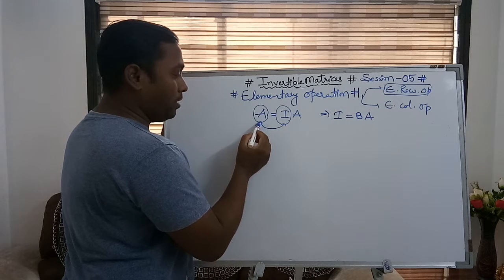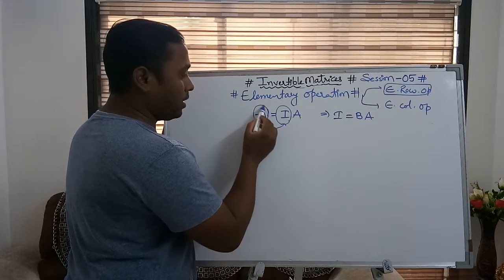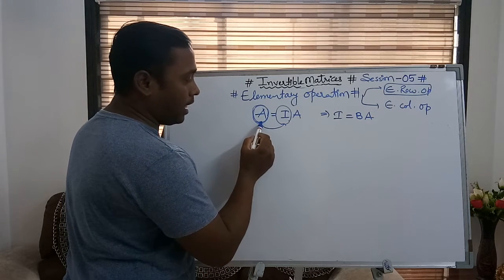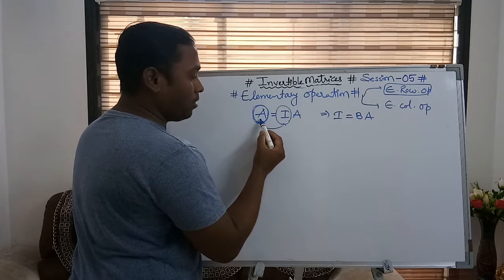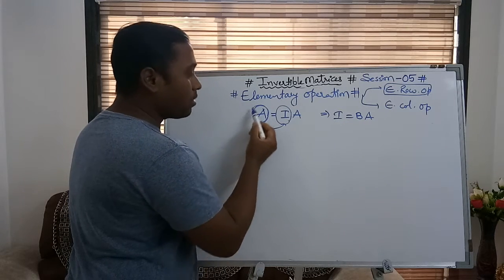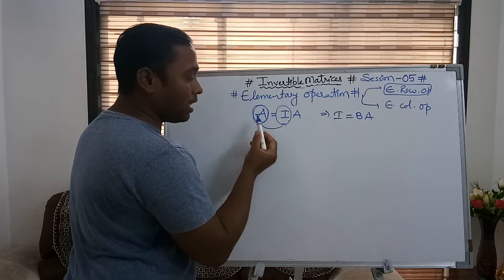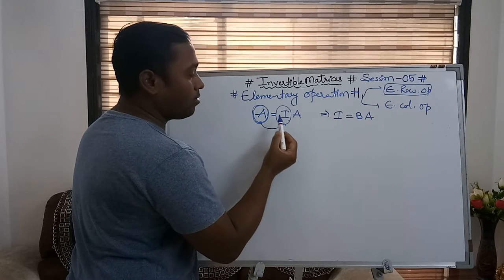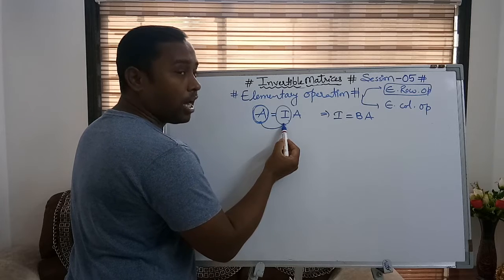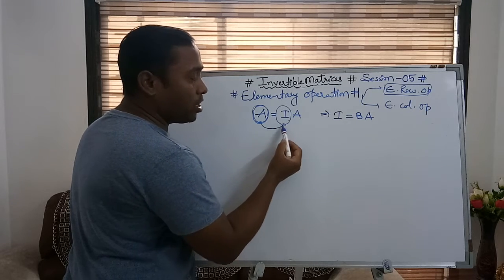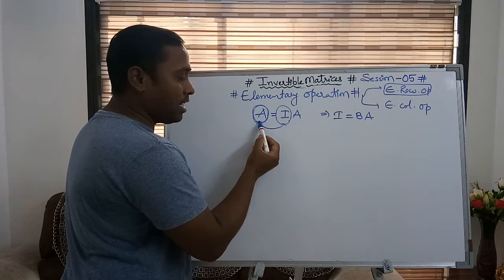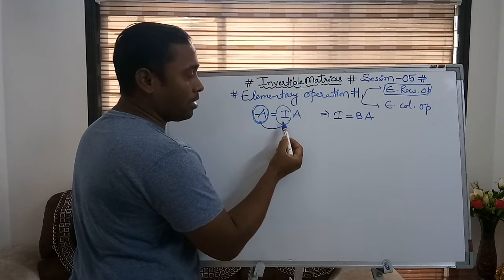My motive is to convert the left hand side matrix A to the identity matrix I. When I am doing such modifications in A, the corresponding changes will be done in I. So I will be disturbed: it becomes a general matrix, while A becomes an identity matrix.